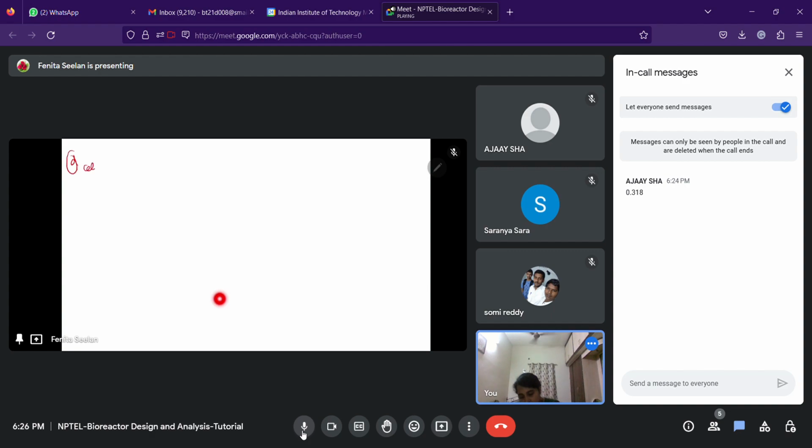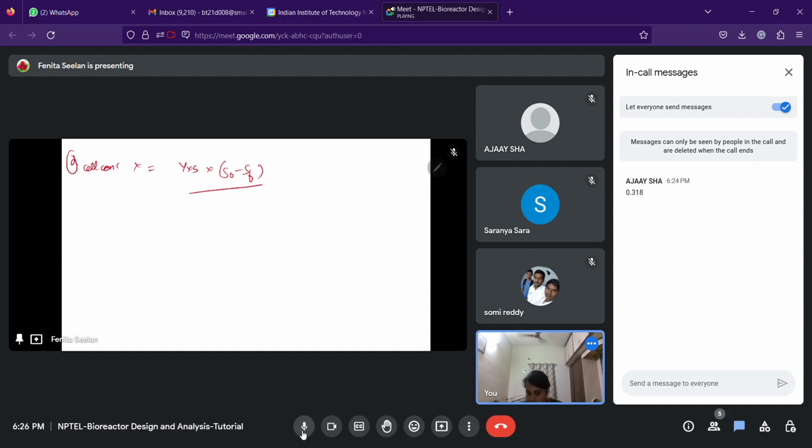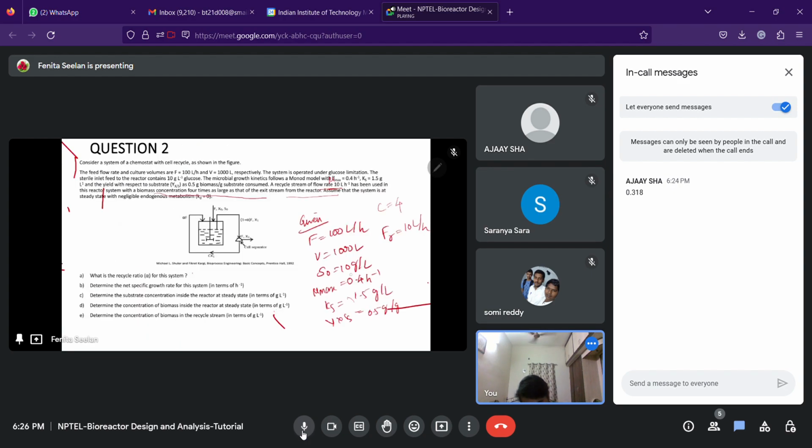So the cell concentration X is equal to Yx times S naught minus S, which is 0.5 times 10 minus S, where S is 0.318.